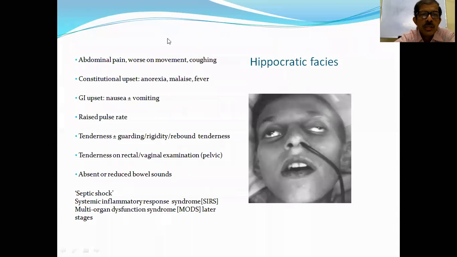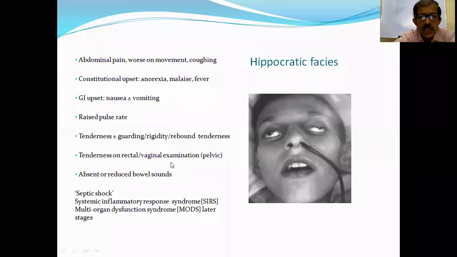So, once again: abdominal pain, worsened by movement, respiration, coughing, anorexia, malaise, fever, nausea, vomiting may be there, raised pulse rate, tenderness, guarding, rigidity, rebound tenderness. All these four will be there in diffuse peritonitis.